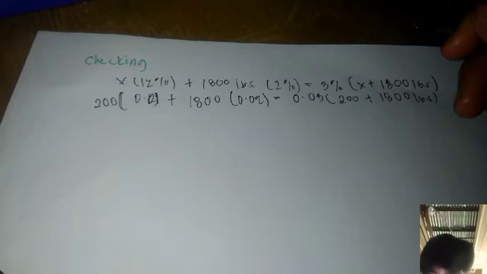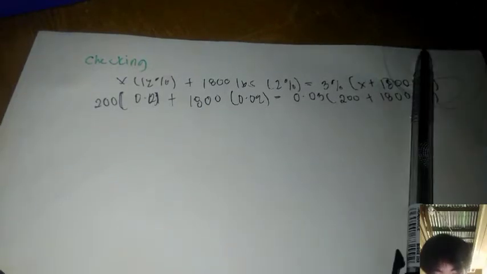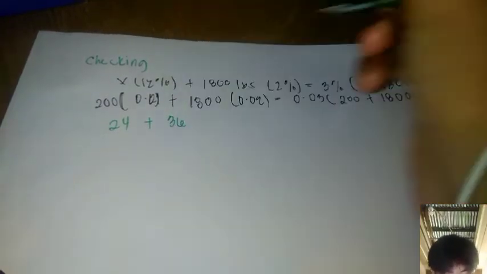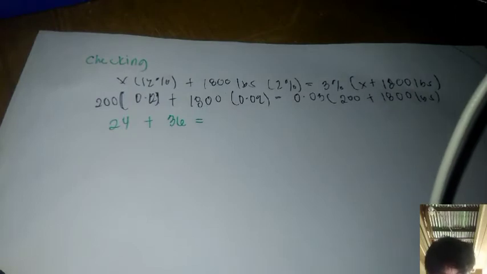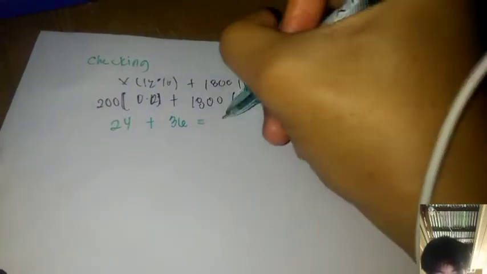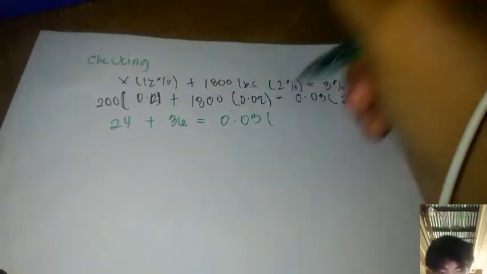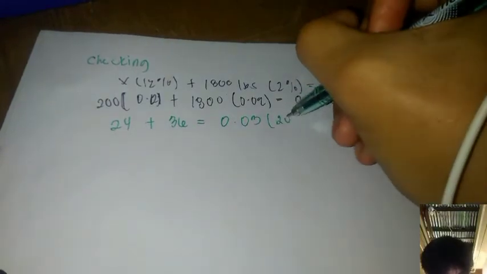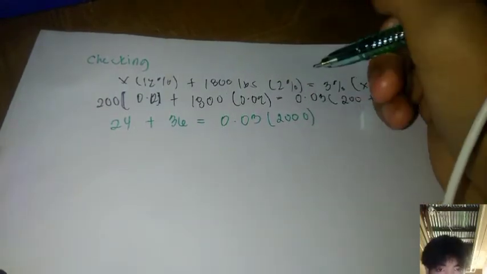After that, we need to multiply the 200 to 0.12, which is 24 plus, let's multiply the 1,800 to 0.02, so we have 36 equals 0.03, and then let's add this, so we have 2,000.